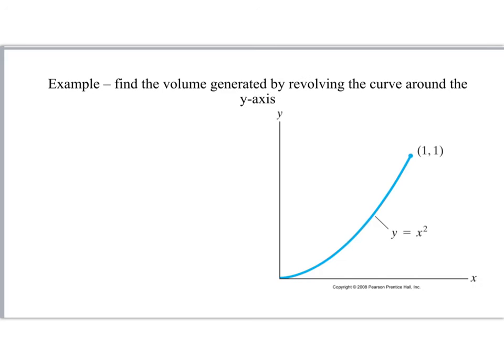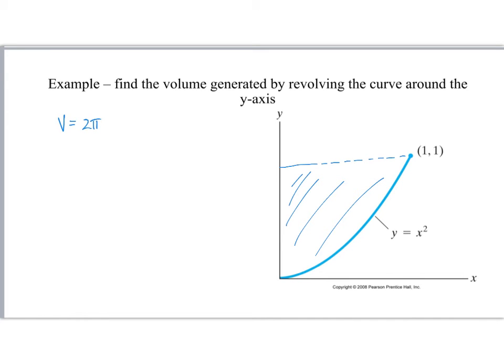So I thought it would be good if we looked at an example. Now, in this example, we're going to find the volume that we generate when we revolve the curve around the y-axis. Now, when we do that, this represents the area that we're going to be working with. And another thing that I want you to think about, so we're saying volume is 2 pi.